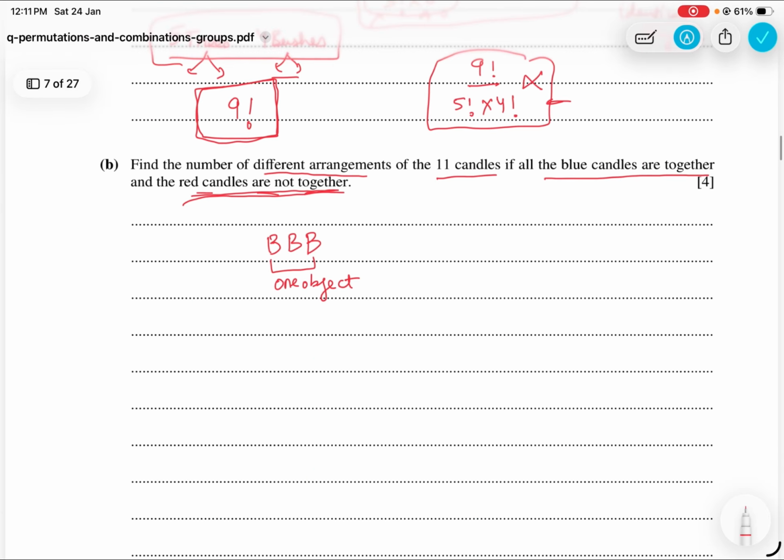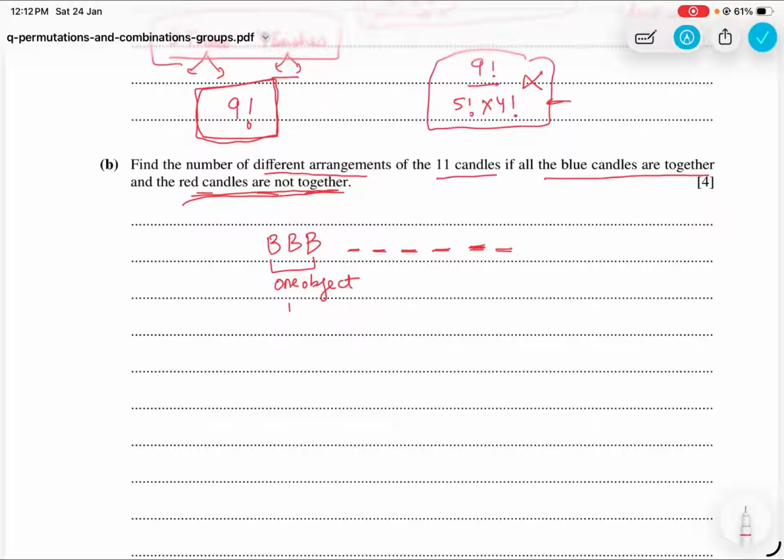So I will write 6 dashes over here. 1, 2, 3, 4, 5, and 6. Treat them as one object. Excluding the red, how many ways can this be arranged?